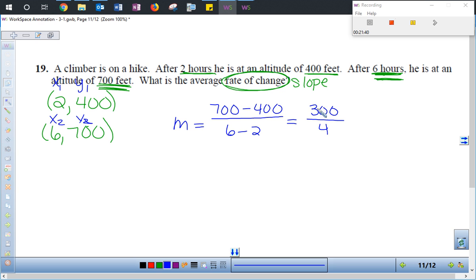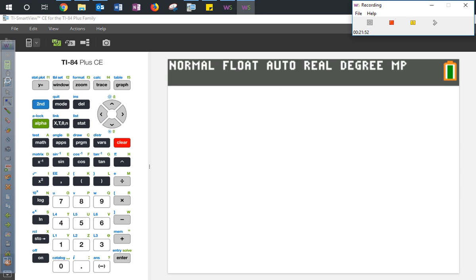Now, the difference between rate of change and slope is we never want a denominator of a number. We always want it to be 1. So that means now I need to take 300 divided by 4 in my calculator. Now when I do that, 300 divided by 4 gives me a nice number of 75.